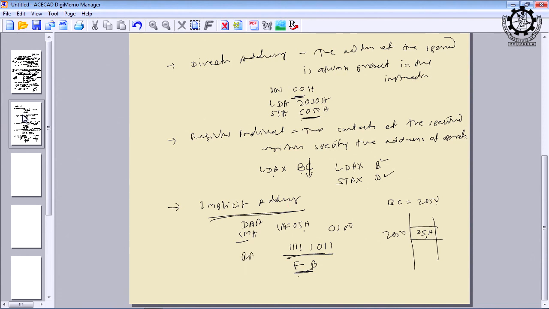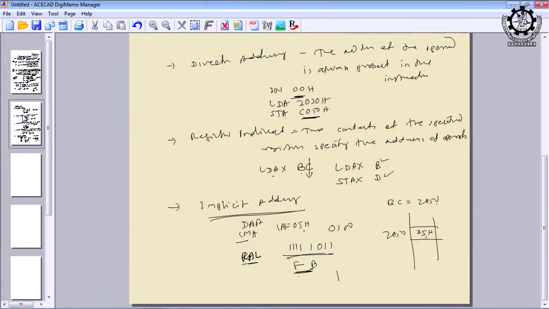Then rotate accumulator left, RAL. Here you do not have to mention the operand, the operand is the accumulator. Whatever values are there in the accumulator will be rotated left by one position. For example, assume that this is the content of the accumulator. After executing this instruction, this bit will be moved to the place of 0, this one will be moved to the place of 1, and likewise every bit position will be shifted left by one position.